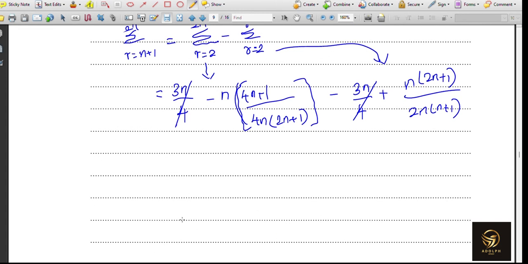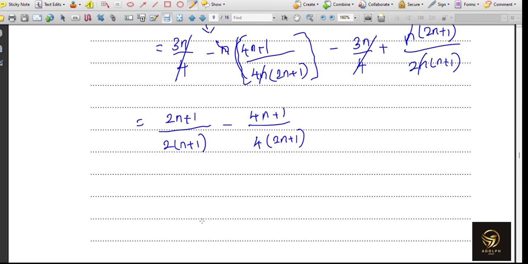They will get cancelled. Then I can write this positive term first, and also I can cancel the terms if possible. This n and this n will get cancelled, and this n and this n will get cancelled. So what terms will I have remaining? 2n plus 1 divided by 2 into n plus 1 minus, here I will have 4n plus 1 divided by 4 into 2n plus 1.